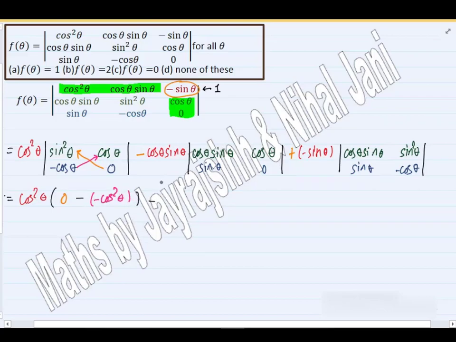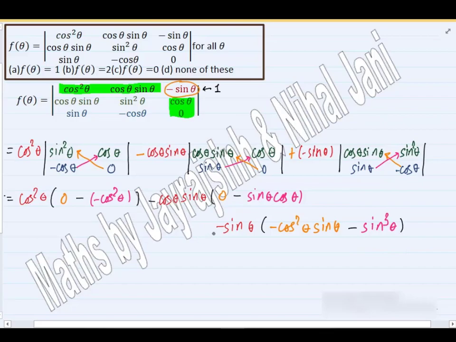Then minus cos theta sin theta will be as it is, 0 into cos theta sin theta will give us 0, minus sin theta into cos theta gives us sin theta cos theta, and finally minus sin theta will be as it is, and the determinant will be expanded as minus cos theta into cos theta sin theta, which will give us minus cos square theta sin theta, then minus sin theta will multiply with sin square, which will give us sin cube theta, right?